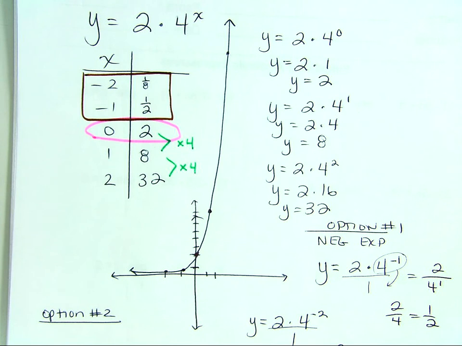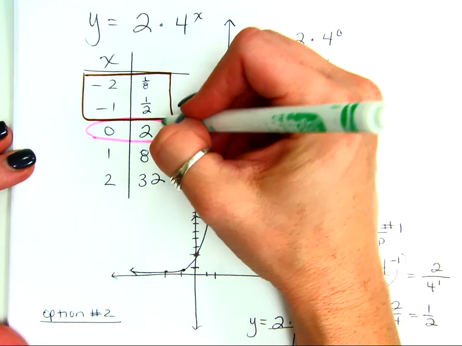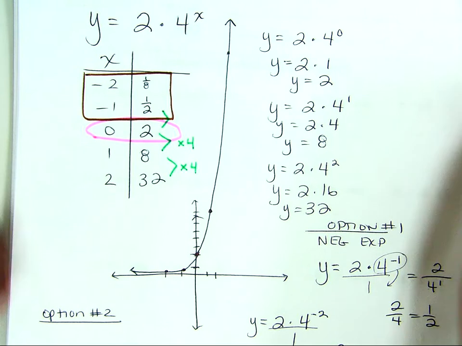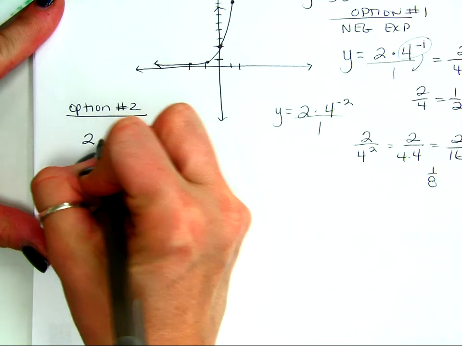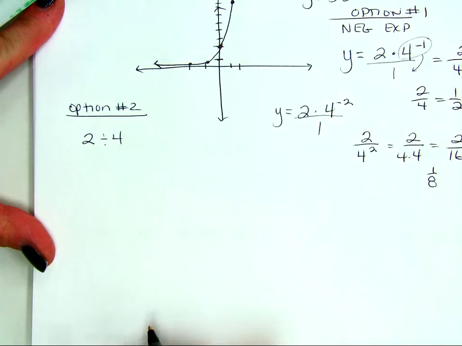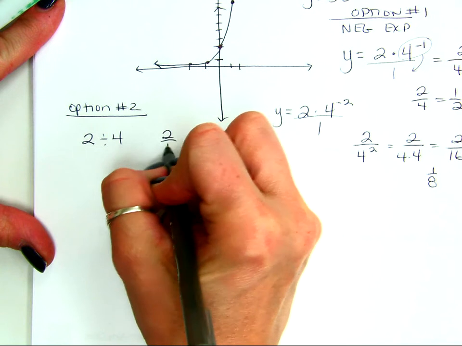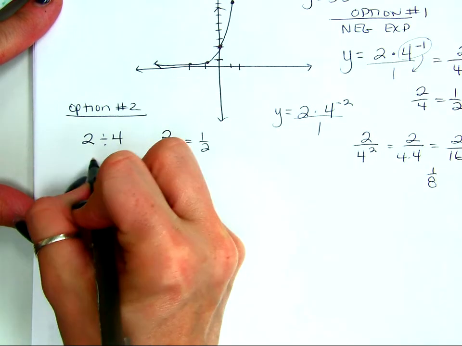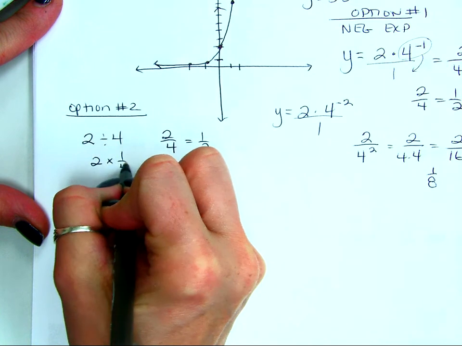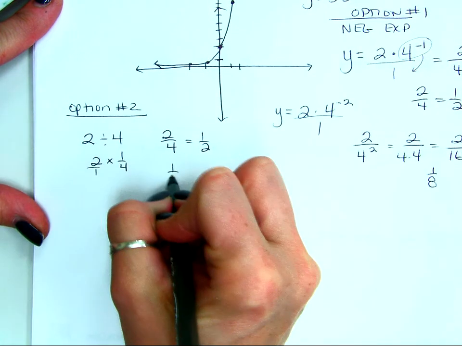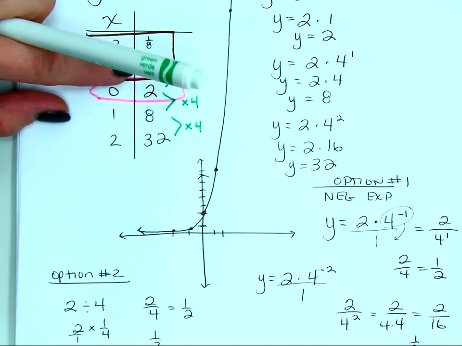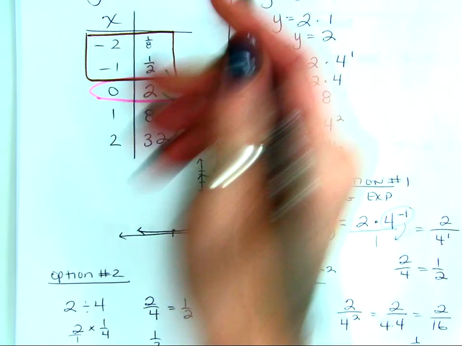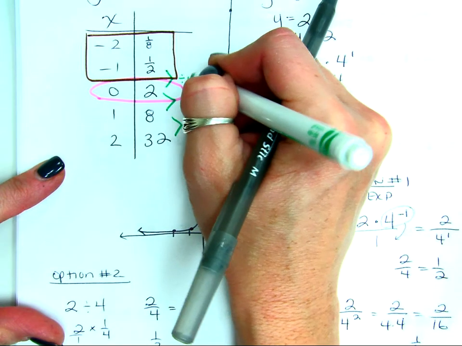So instead of multiplying by 4, if I didn't know what that 1/2 was, I would divide 2 by 4. So you're going to take that 2 and divide it by 4, which is 1/2. Or you could look at it as, don't divide by 4, multiply by 1/4, and that's going to give you 1/2 either way. Then I need to take that 1/2 and divide it by 4 to get that 1/8.